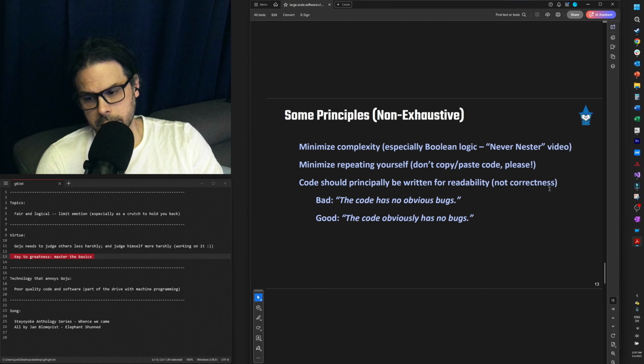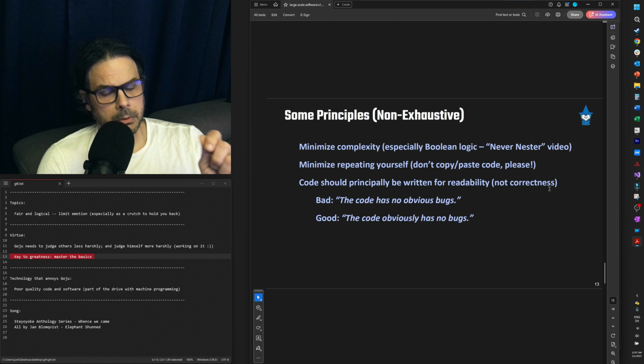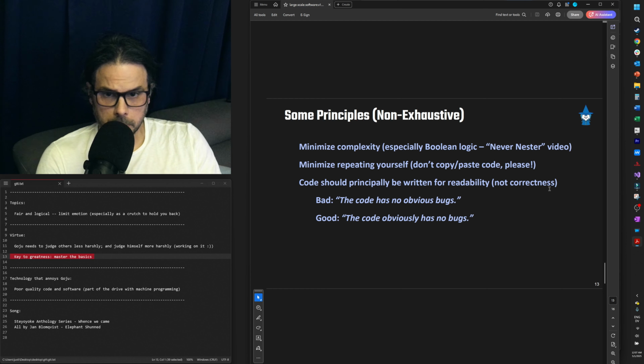This probably sounds like pure lunacy. But the reason why I believe this is that if the code is extremely readable, then if the code is not correct, it will likely be extremely obvious.